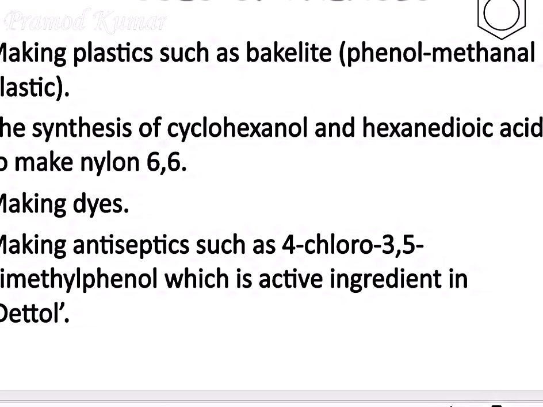The 4-chloro-3,5-dimethyl phenol is nothing but your disinfectant Dettol that you use at your home. So what is Dettol? Dettol is nothing but 4-chloro-3,5-dimethyl phenol.